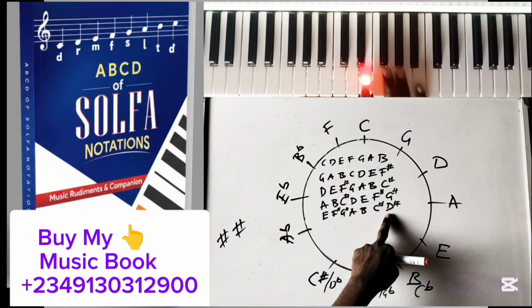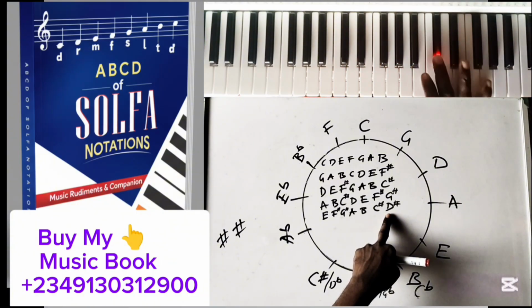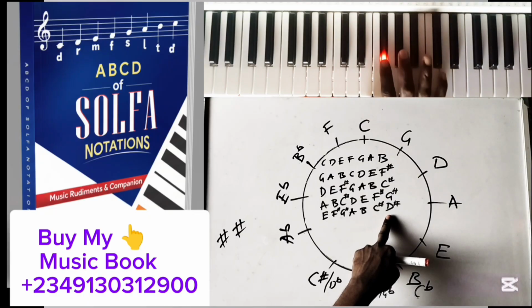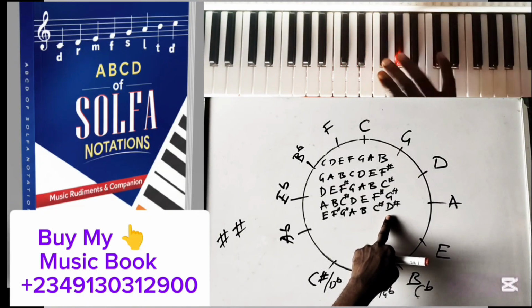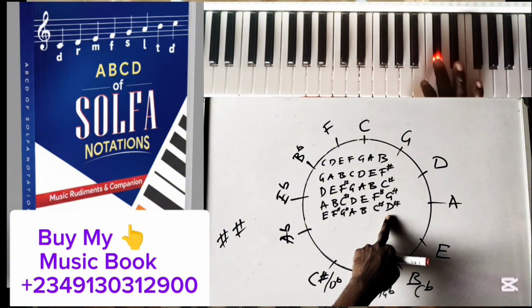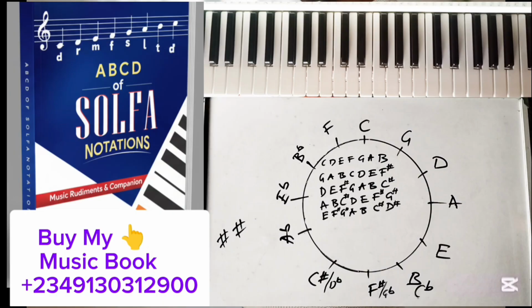So the four sharps there are re, mi, fa, and so on, and this and this are sharpened. That is why it has four sharps. Do you understand it? Okay.